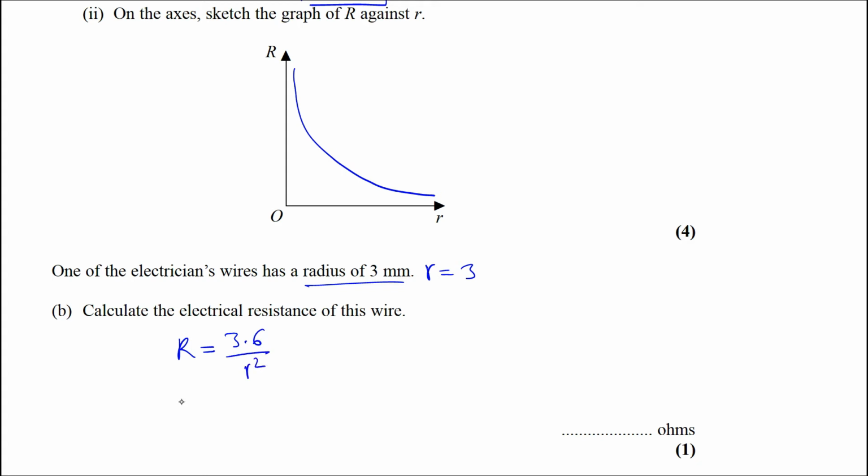So R will be equal to 3.6 over 3 squared, which is the same as 3.6 over 9, and that will be equal to 0.4.